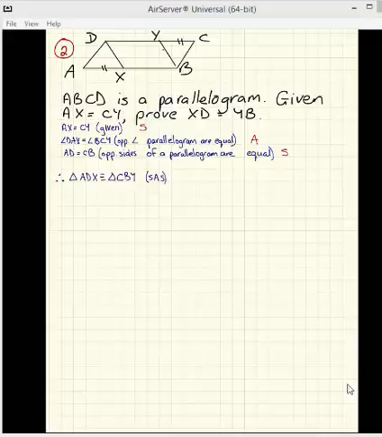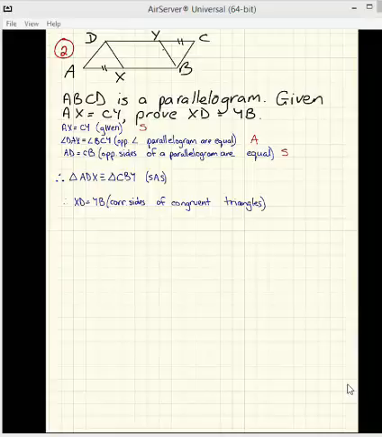But is that what we've been asked to do? They didn't ask us to prove that the triangles were congruent. They asked us to prove that the sides were congruent. So we then say, therefore, XD is equal to YB because they are corresponding sides of congruent triangles.